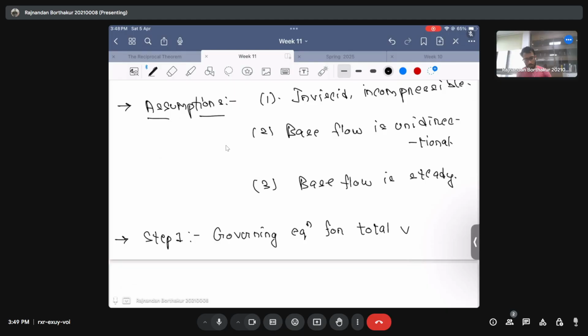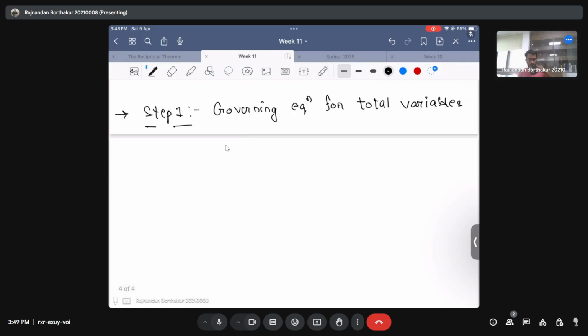This is the first step of any flow problem: we write the assumptions and then we write the governing equations.